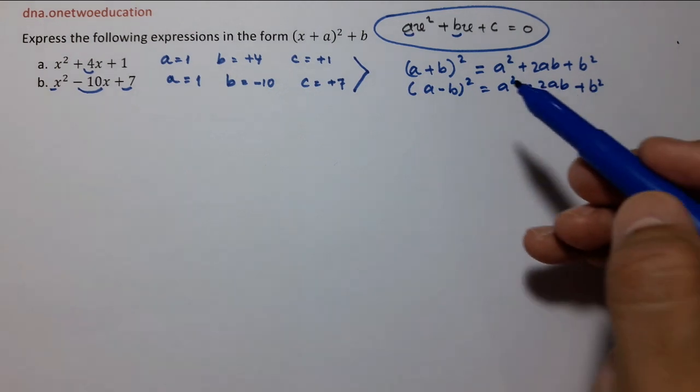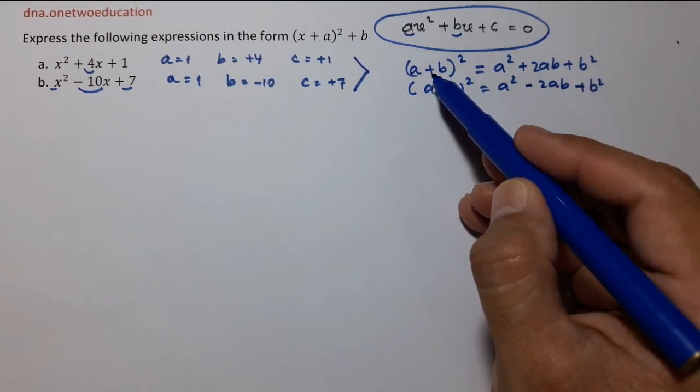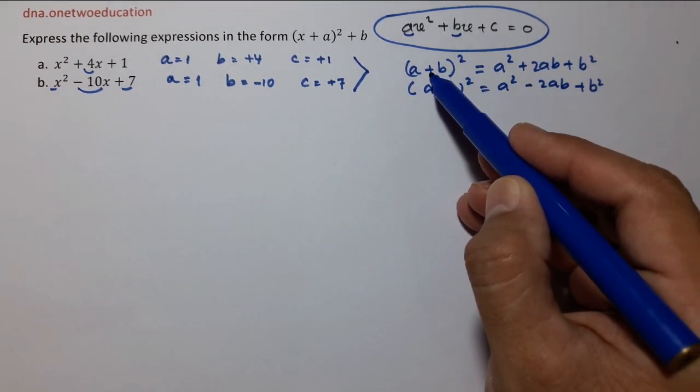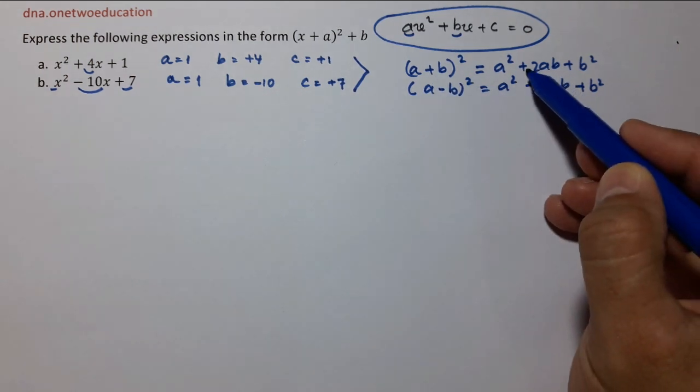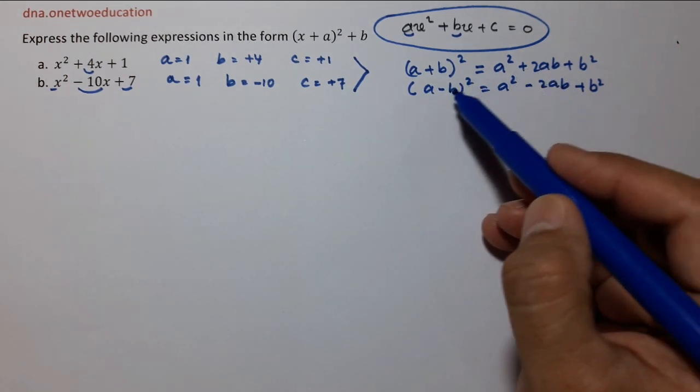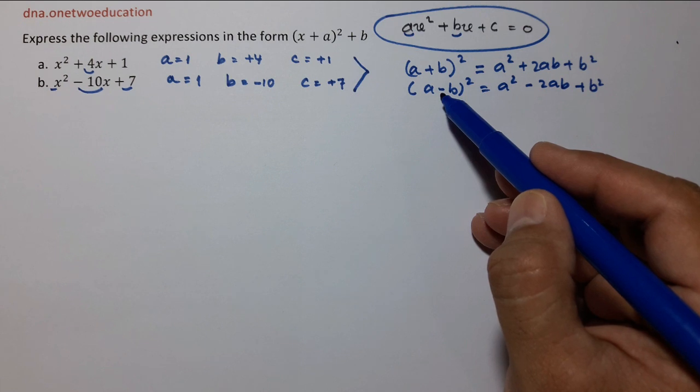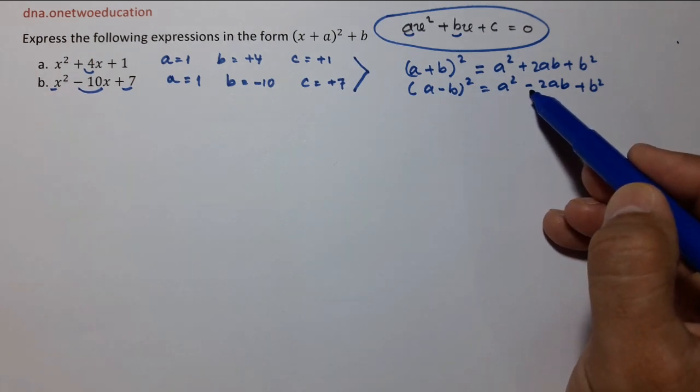So when the sign in the bracket is positive, you get positive here, but if it is negative in the bracket, you get negative here.